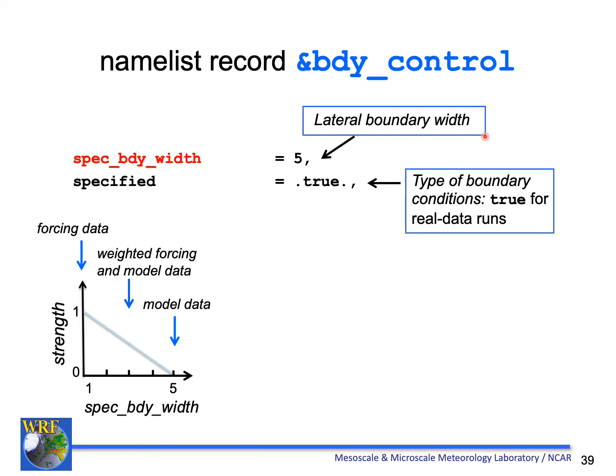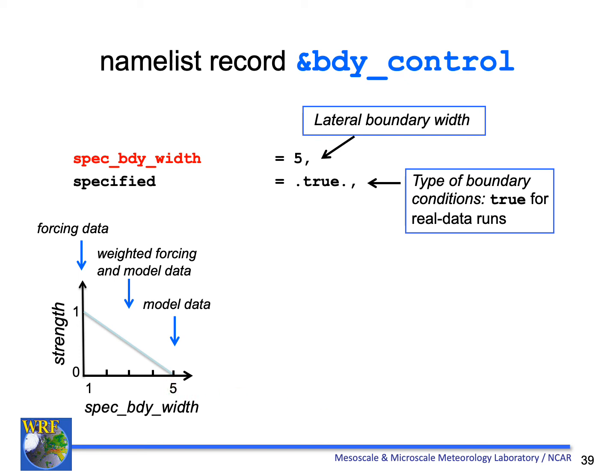The figure illustrates how the forcing data is specified in the boundary zone. The outer row and column use the forcing data completely. Then the next 3 grid points will have weighted forcing data and model data until it hits the last grid point in the zone, where the model data is fully applied.